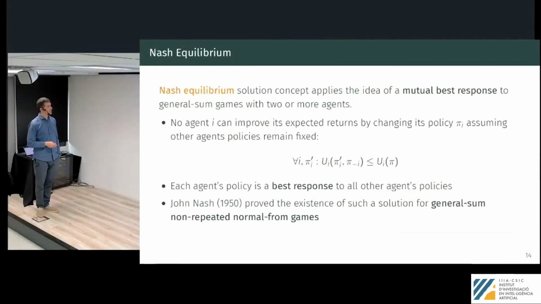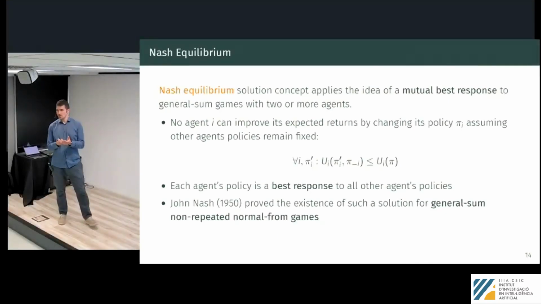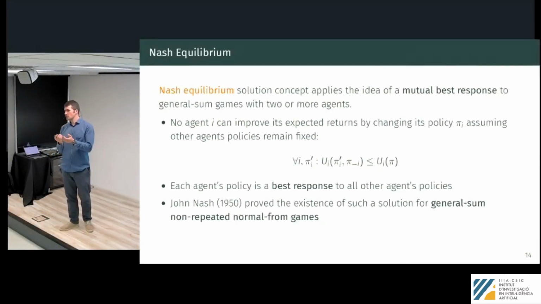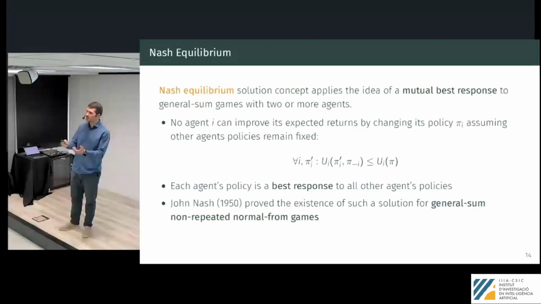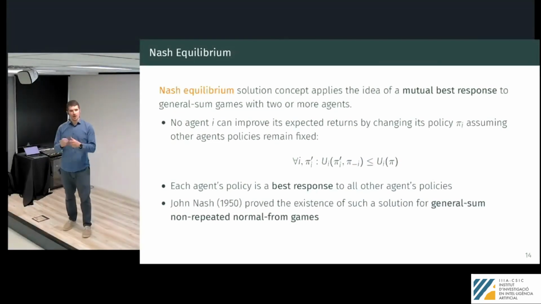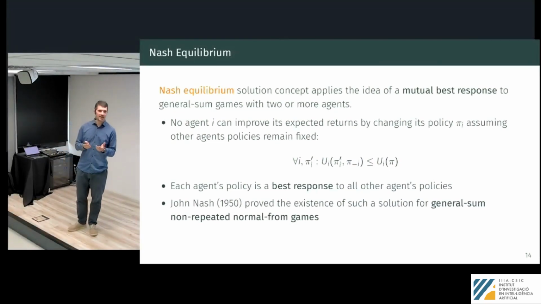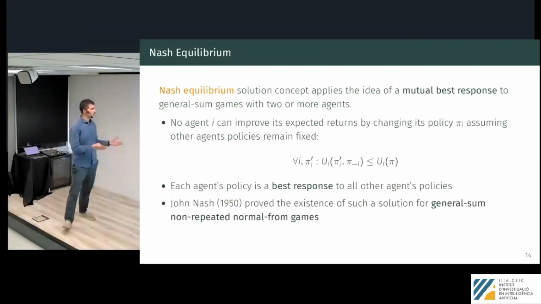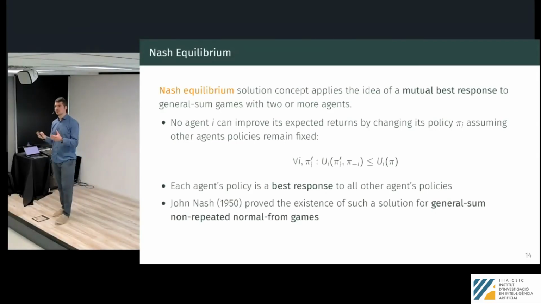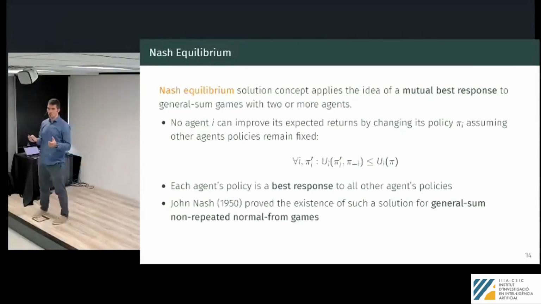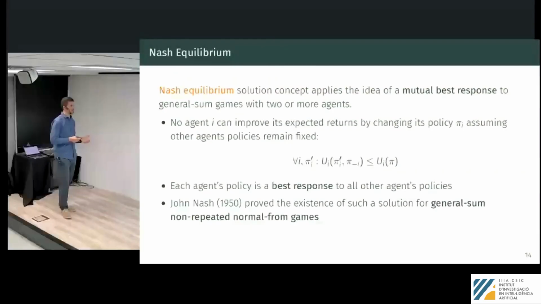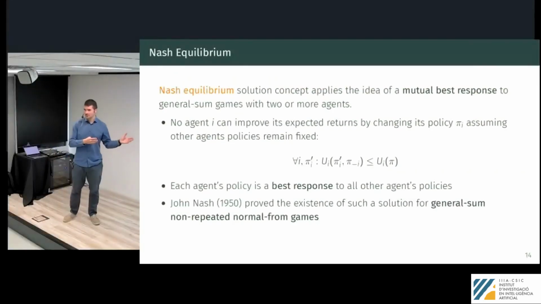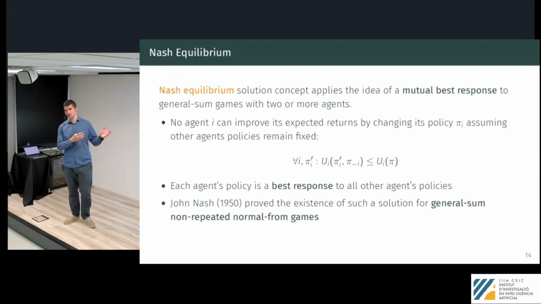Okay, now we're going to move up in the hierarchy of solution concepts. We've seen that we can do this interesting idea of a Minimax solution concept when there are two agents and it's zero-sum. But now the question is, can we do something like that for more than two agents and when it's not zero-sum? And it turns out, yes, we can. It's called the Nash equilibrium. This was the next super important result that came out in game theory, where a lot of people got excited, and people weren't sure whether something like this existed.